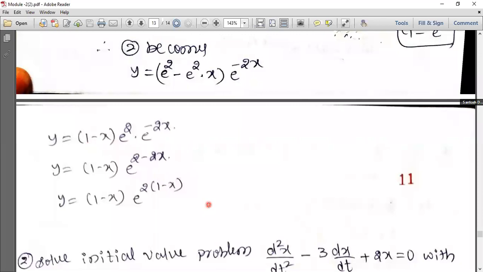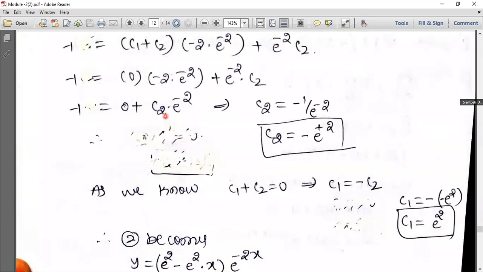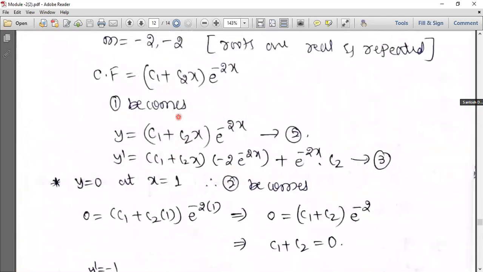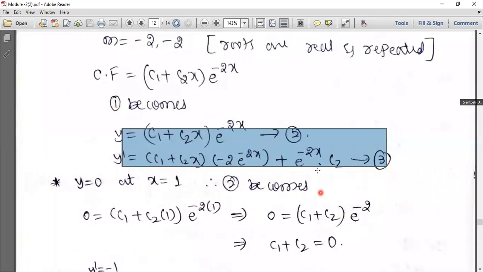Whenever the conditions are given, we have to use those conditions and write the particular solution. Earlier it was a general solution. Why? Because at both the earlier stages we don't know C1 and C2.